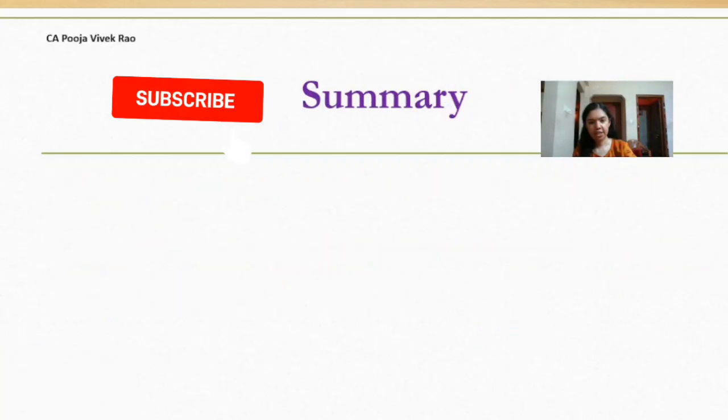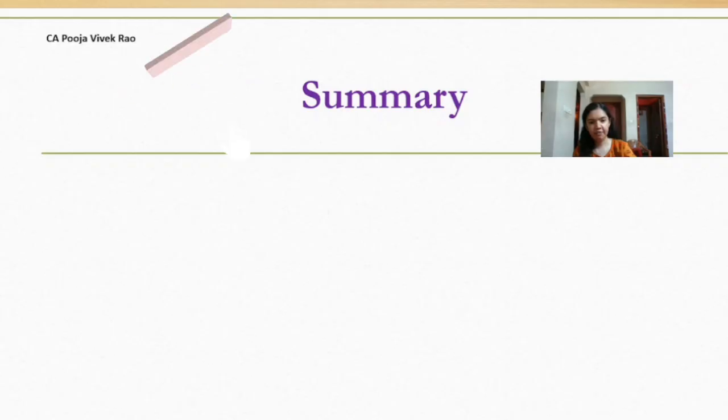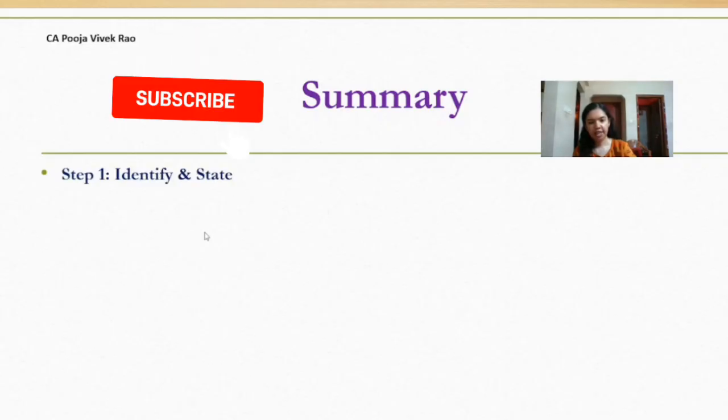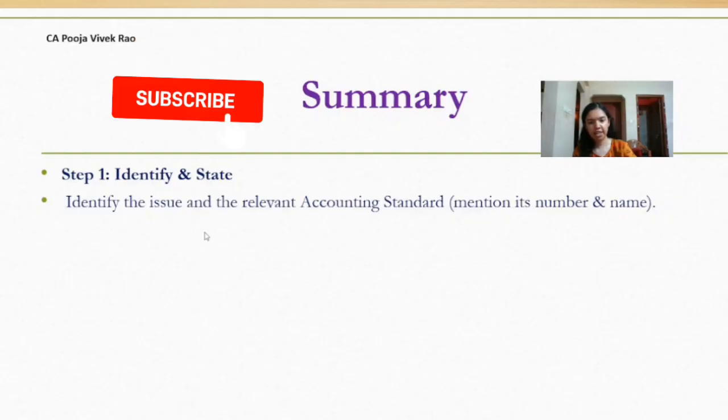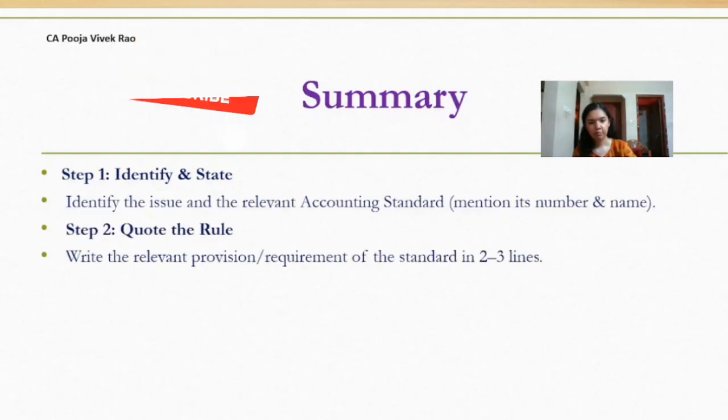Now let's quickly see the summary of this 4-step approach that we discussed just now. Step number 1 is identify and state. That is, identify the issue and the relevant accounting standard. Mention its number and the name. Then step number 2, quote the rule. That is, write the relevant provisions or requirements of the standard in 2 to 3 lines.